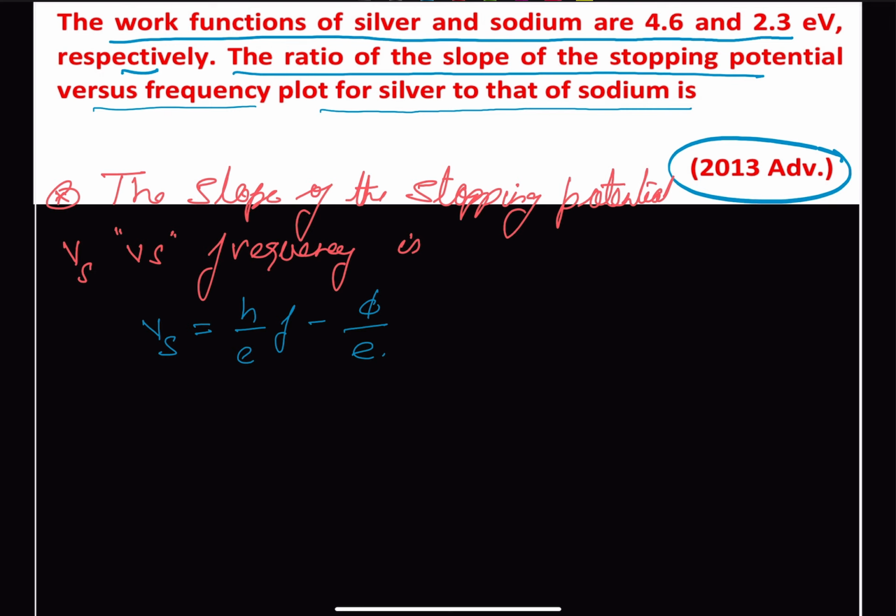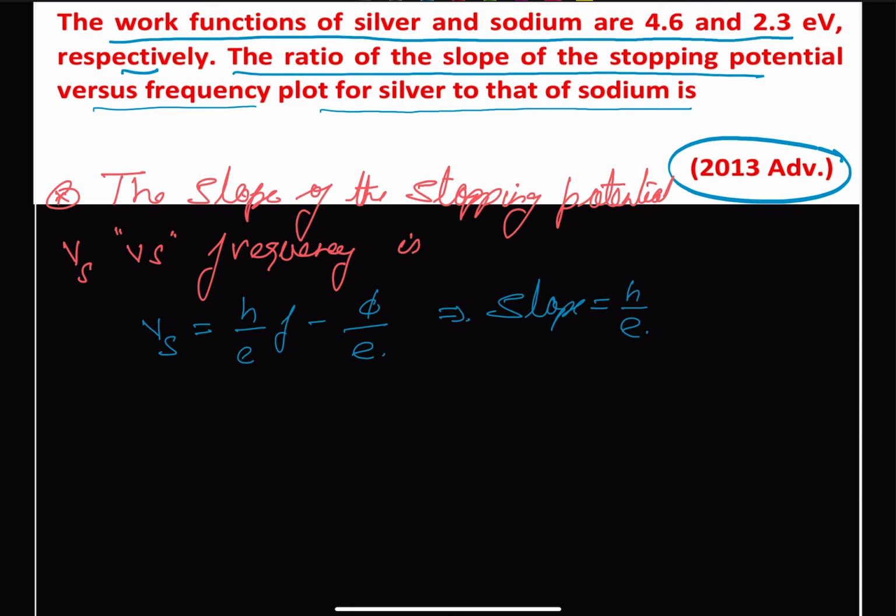Here h is the Planck's constant, e is the charge on electron, and phi is a work function. And from here we can clearly see that our slope is equal to h upon e.